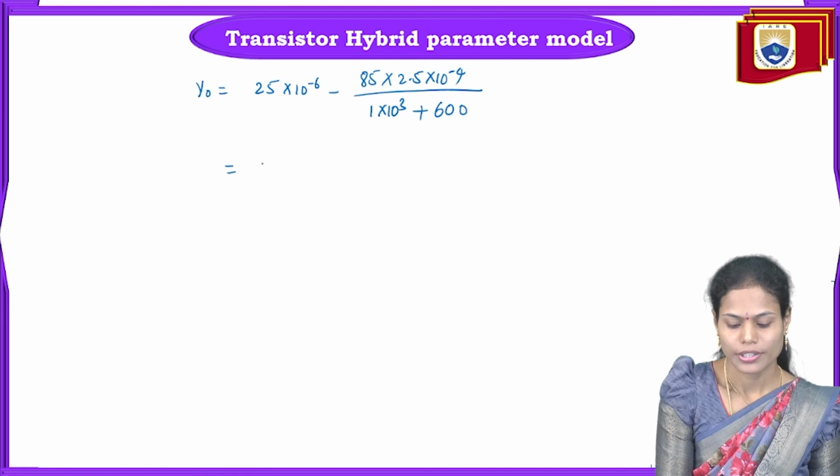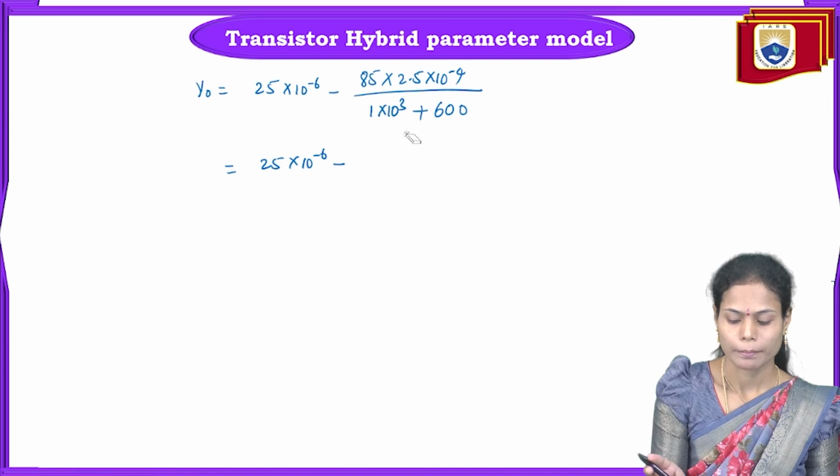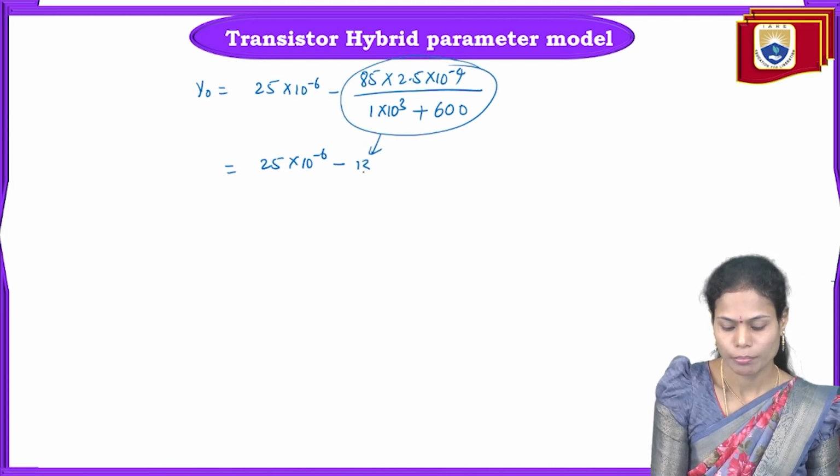So after simplification of this particular term, we will get 13.28 into 10 power minus 6.